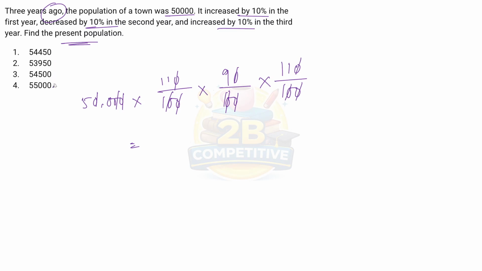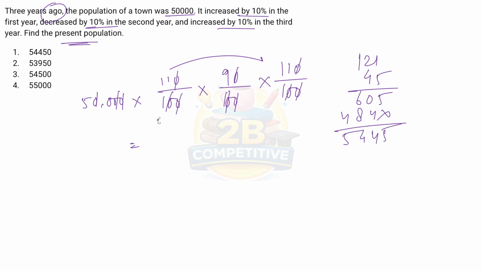In the options, they all end with 0, so we have to calculate 11 into 11 into 11, that is 1331, and 5 nines are 45. 605, 484, 5445. So that will be 5445. That is the 5445. There is a 0, okay? So this will be the answer.